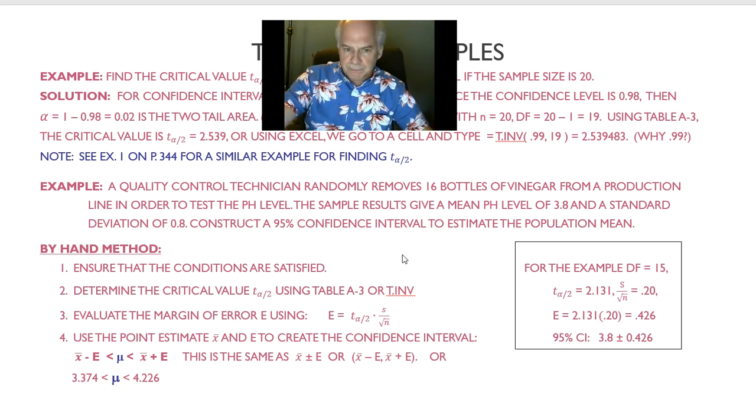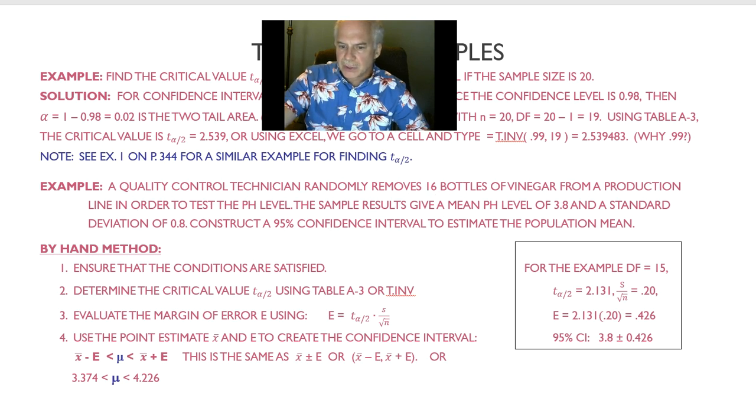All right, then step 2, determine the critical value using table A3 or TINV. Well, we already just showed how to find that. In this particular one, we have a 95% confidence interval and a sample size of 16.